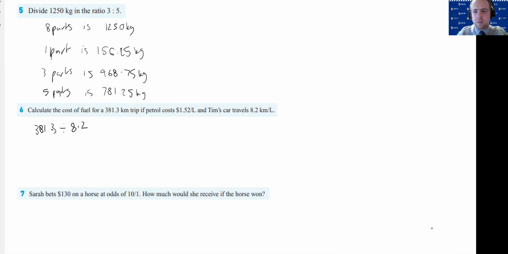Okay, so we're going to work out how many litres of petrol we're going to need. And so if we've got kilometers and we've got kilometers per litre, if we think about it this way, we're doing kilometers divided by kilometers per litre, which then is kilometers times litres per kilometre. The kilometers are going to cancel, going to be left with litres. So that's how I knew I needed to divide those quantities.